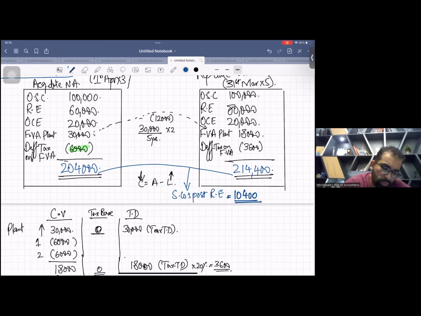This is S company's 214,400 minus 204,000. This is S company's post retained earning. Please have a look. Please check it.